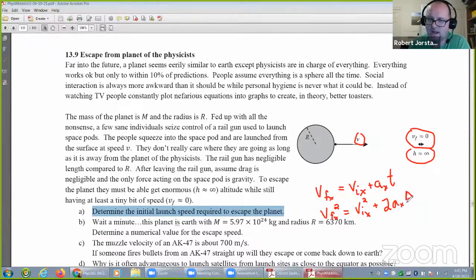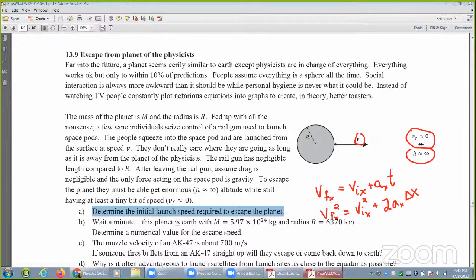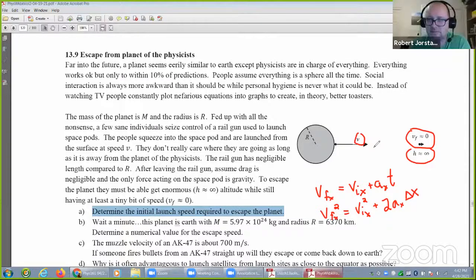However, why are these a bad idea for this problem? Why would we not? Say again? The change in acceleration? Yes. So the problem is, as you move away, the force changes. So here there's a large force. Then out here, there's a small force. And out here, there's almost no force.